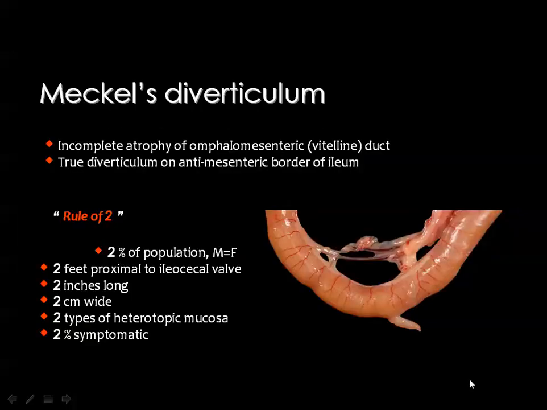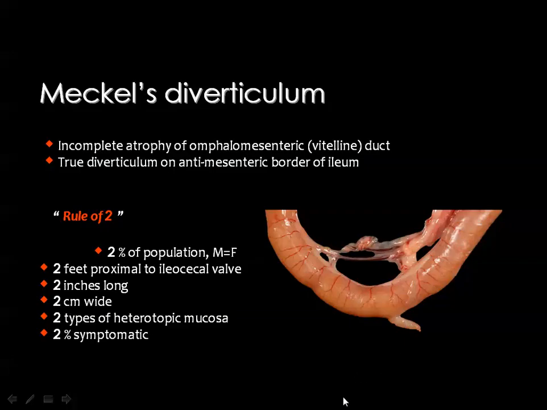Then Meckel's diverticulum is a representation of incomplete atrophy of the omphalomesenteric or vitelline duct. And this is a true diverticulum on the antimesenteric border of the ileum.